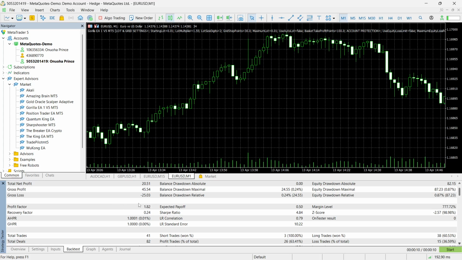We had very low drawdowns, around 0.87% for the equity drawdown. And then we had a balance drawdown of 0.24%. Right? So the recovery factor and Sharpe ratio look solid. Looks like a clean performance with excellent capital preservation.